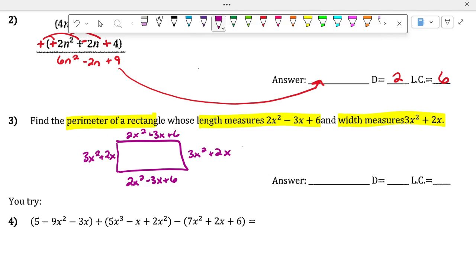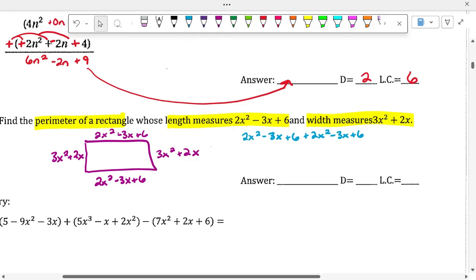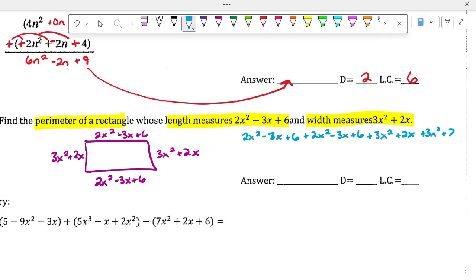So you gotta be careful with this one because you actually have to rewrite both expressions twice when you're doing the perimeter. All right. So if I write this out, I have 2x squared minus 3x plus 6 plus 2x squared minus 3x plus 6 plus 3x squared plus 2x plus 3x squared plus 2x.